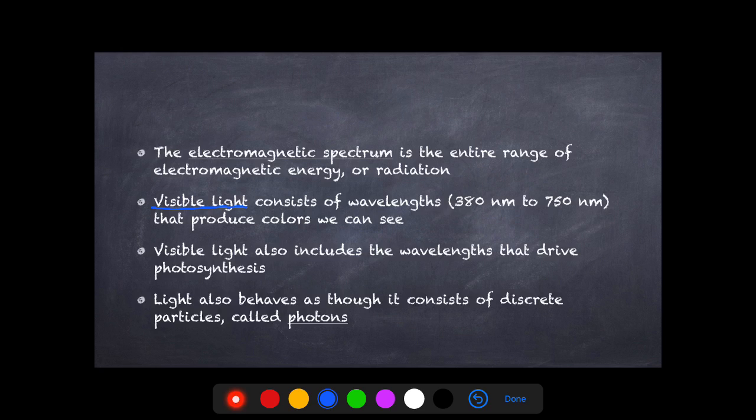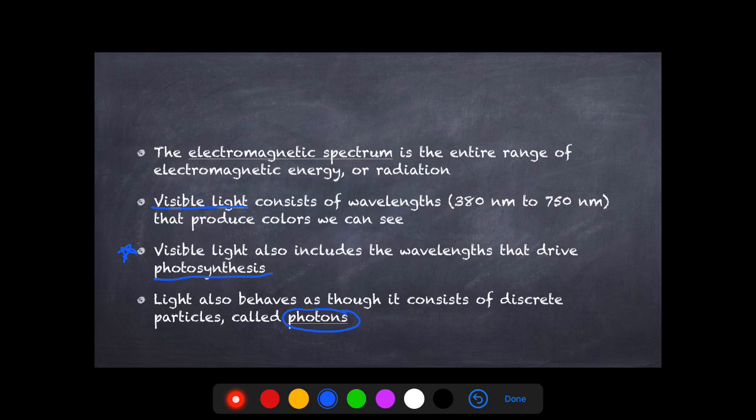There's also visible light, which falls between 380 nanometers and 750 nanometers, and this is going to be the colors that we actually see when we look at objects. The visible light also includes wavelengths that are crucial in driving photosynthesis. So we do need visible light in order for photosynthesis to occur.